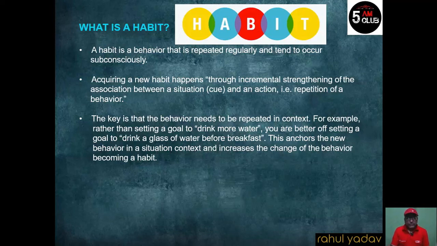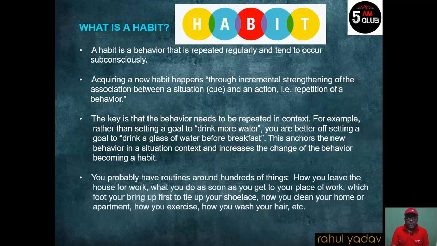Okay, now you probably have routines around hundreds of things. You may be doing hundreds of things each single day, but you have a different way of doing it from the person very close to you, maybe your wife, maybe your mother, or your brother, sister. So you will have a totally different way of doing that.